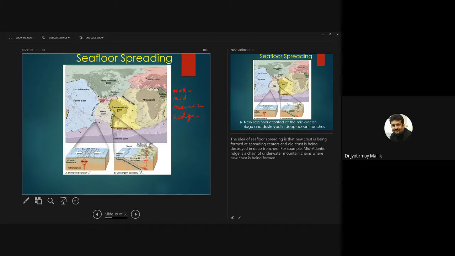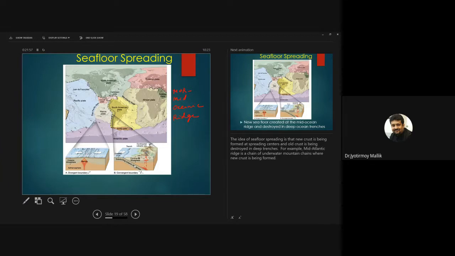So what happens here, if I try to put it with some bullet points? First of all, new oceanic crust is being generated, and the older crust is pushed away from the ridge, and then the older crust gets destroyed at the subduction zone or the convergent plate boundary or at the trench.